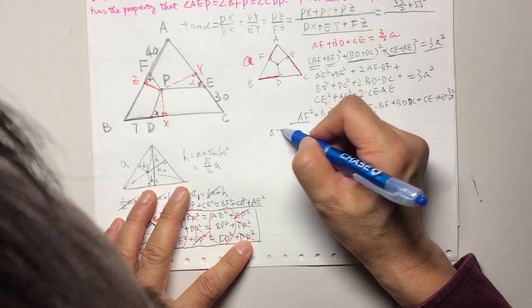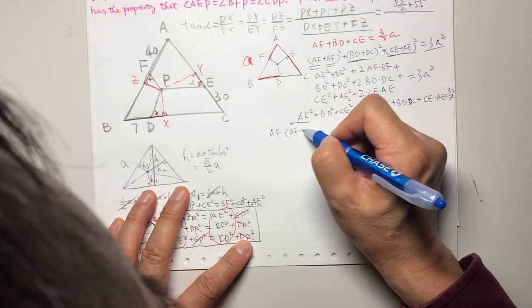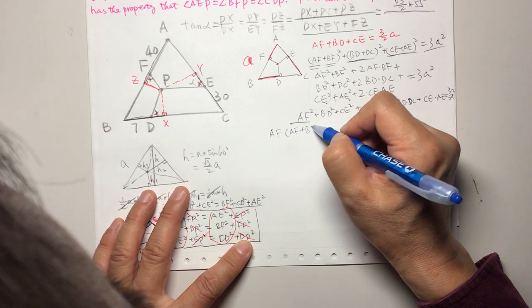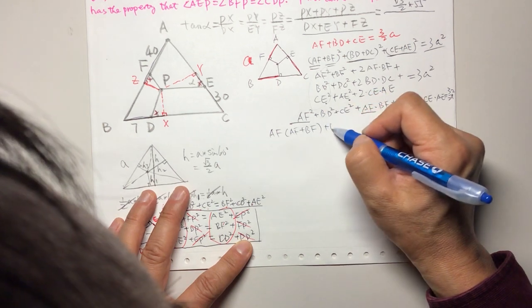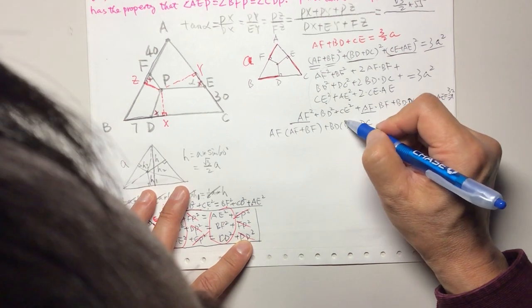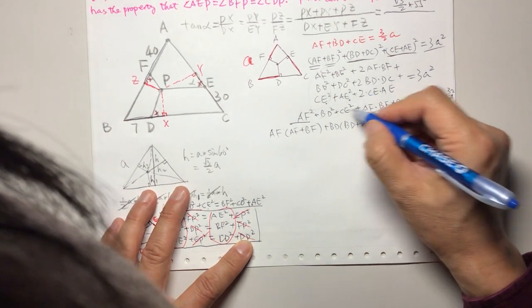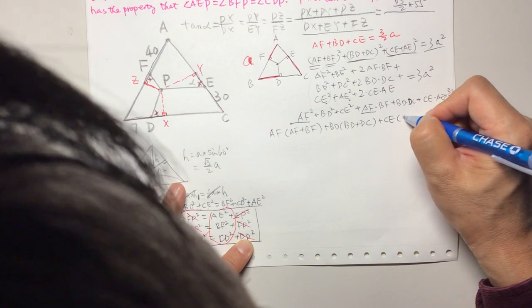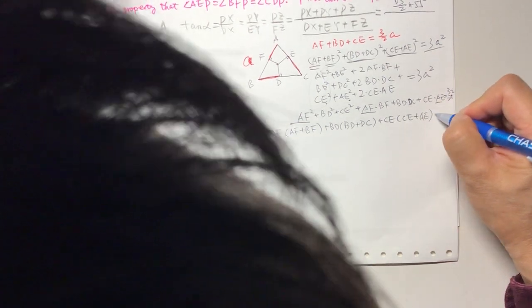So I will factor out AF, then AF plus BF. And I factor out BD, it will be BD plus DC. And I factor out CE, and CE plus AE. So it equals 3/2 A squared.